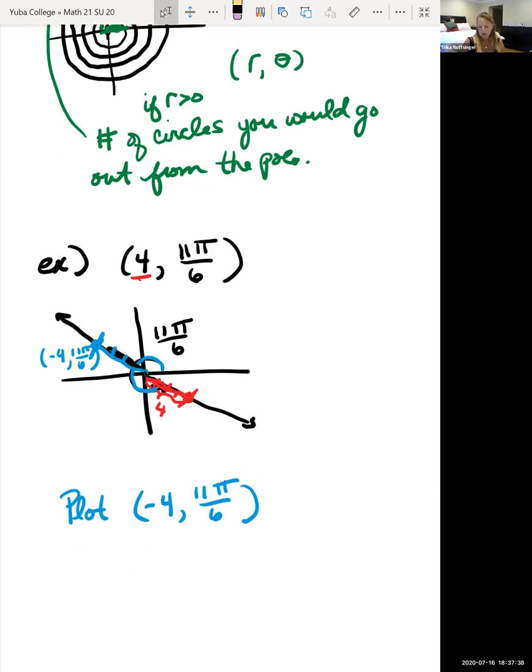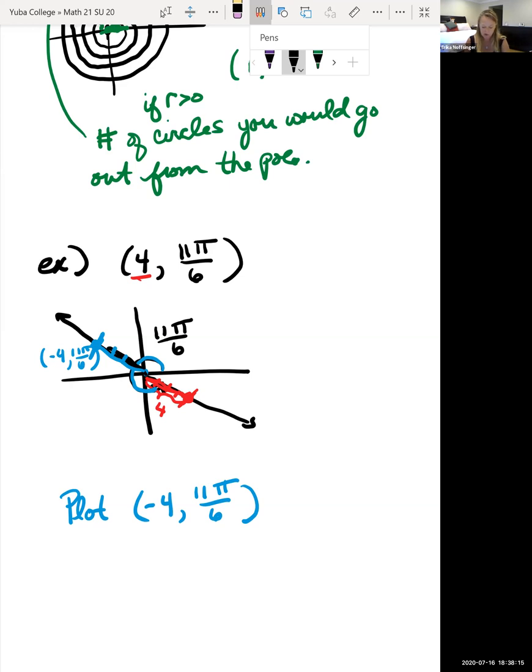Just like when we were looking at points like this before, when we were looking at terminal sides of an angle, we said there were multiple ways to get to that terminal side by adding 2pi to it. Same sort of idea here. There's an infinite number of ways that we could rewrite this point and get to the same place.